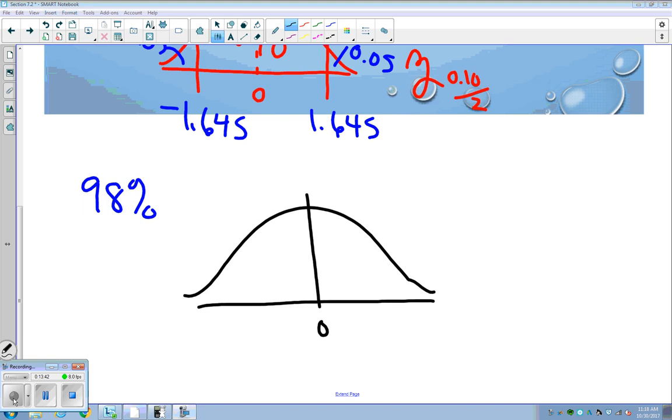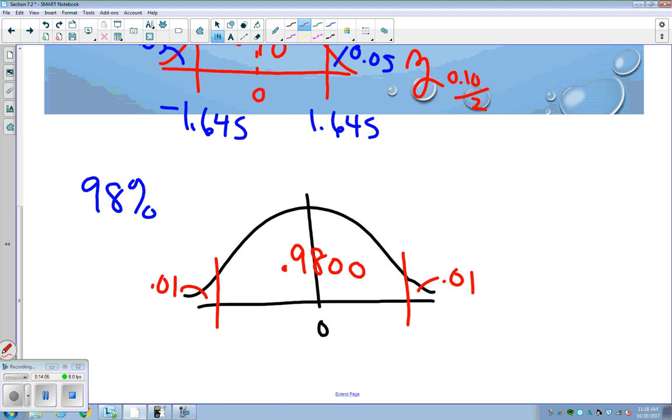So I had to find my values for 98%. It means that I'm going to have critical values somewhere here and somewhere here. And in the center is going to be 0.9800, right? How much is going to be on each tail? 0.01. That just makes sense, right?